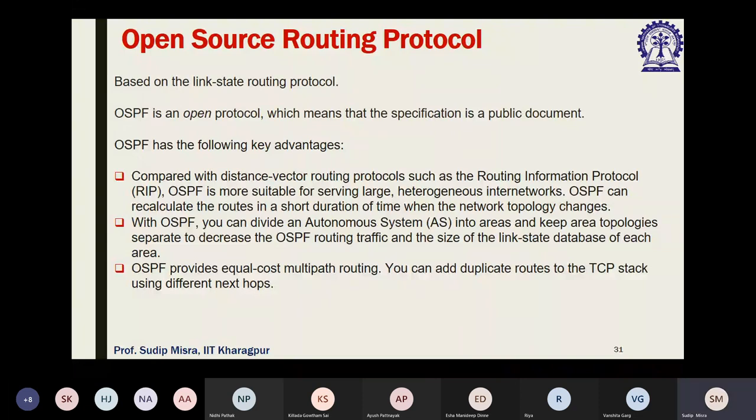R1 will remove the routing information to R2. Remove from where? Remove from its routing table.